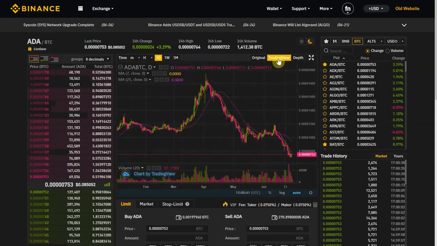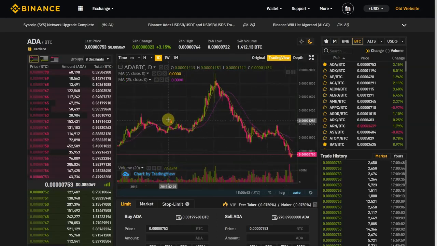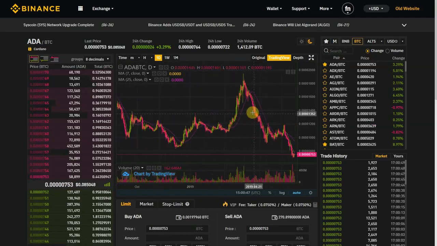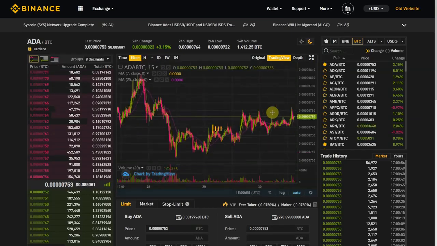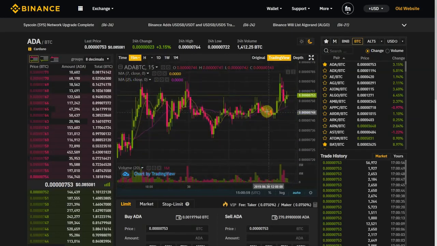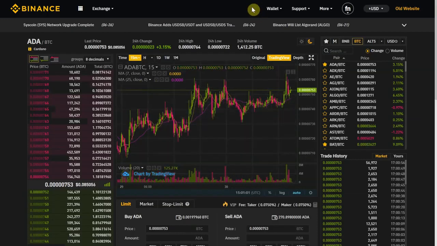TradingView, if you don't know, it's a really good platform. It has all sorts of charts and indicators for the stock market and the cryptocurrency exchanges. So I always use the TradingView chart over here. You have the time frame selection, and it works really well inside the Binance website.